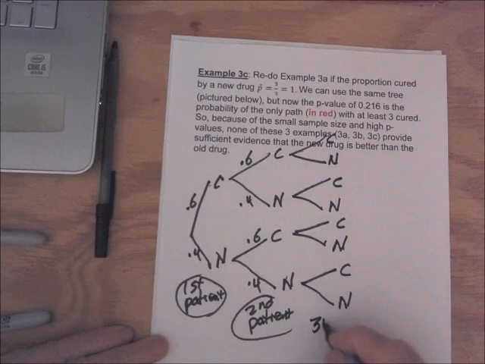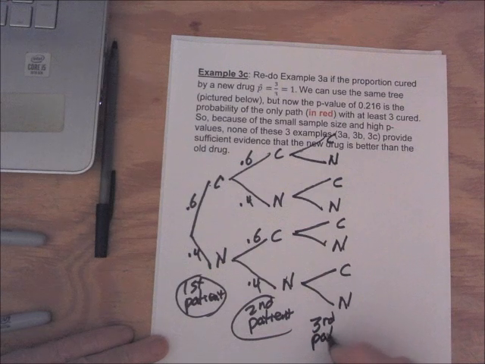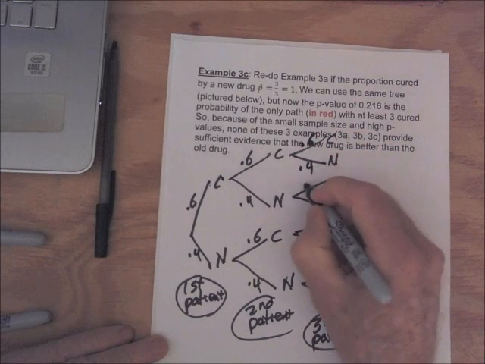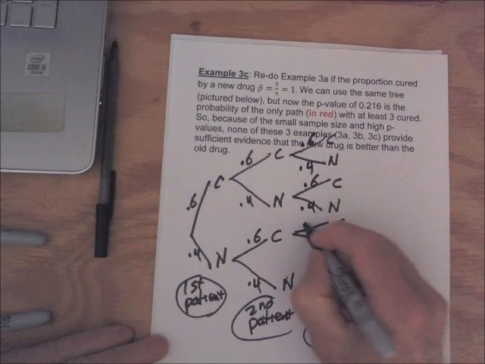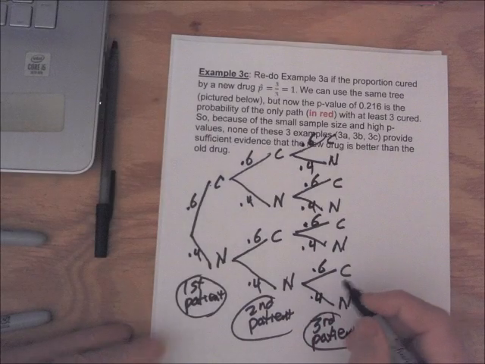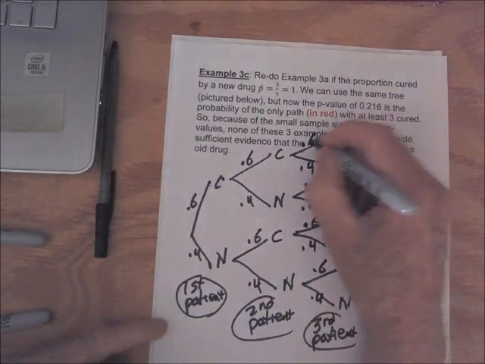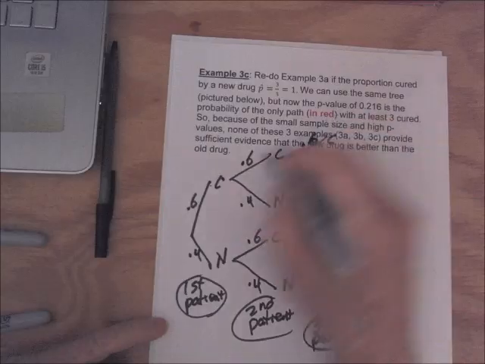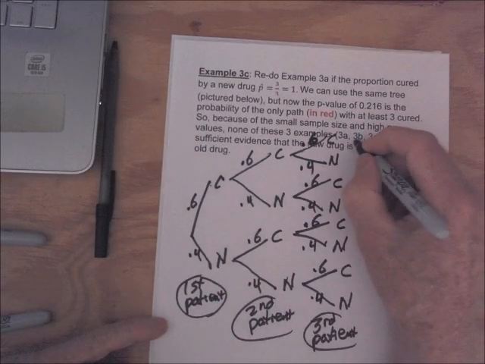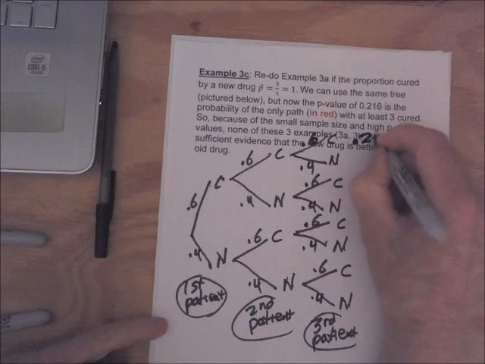That's the third patient. Probability 0.6, 0.4 on each branch. So there's only one path where all 3 were cured. So we multiply 0.6 times 0.6 times 0.6, 0.216.